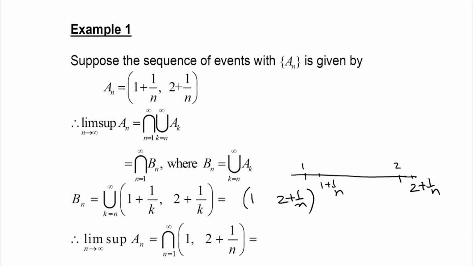As n is increasing, this sequence will become smaller and smaller, and we will have the limit, that is a semi open interval (1, 2], closed at the right hand side. So, that way we got the lim sup of A_n.